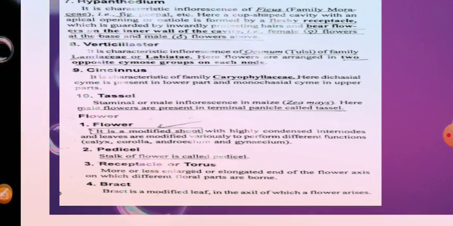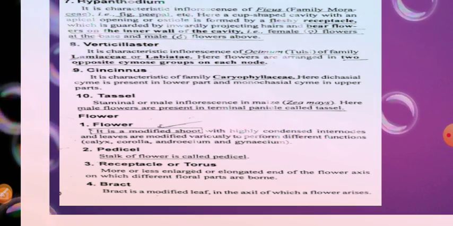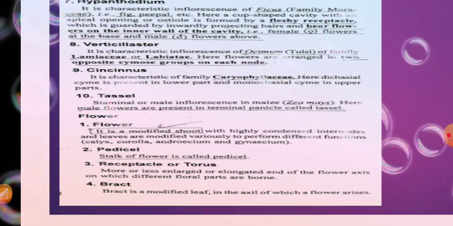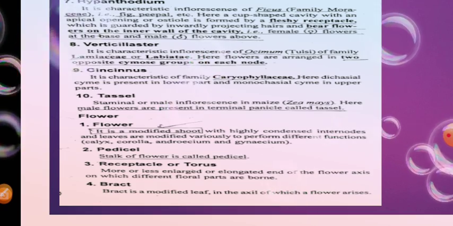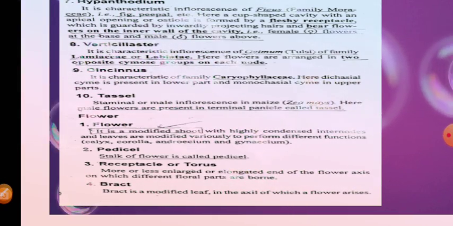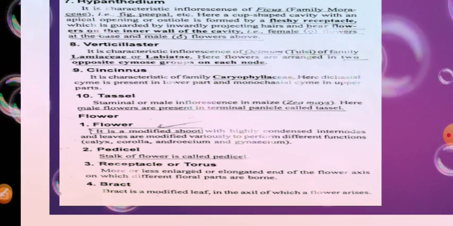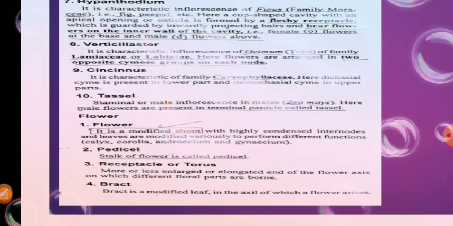The calyx is the outer layer of the flower. The corolla is otherwise known as the petals, and may be of different colors. The androecium is the male reproductive organ, and the gynoecium is the female reproductive organ. Then the pedicel: the stalk of the flower is known as the pedicel.